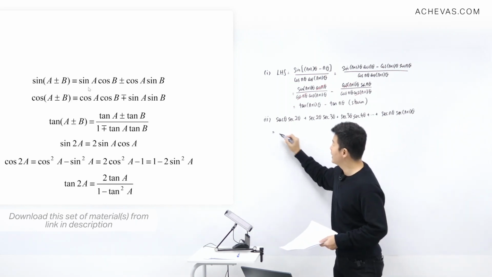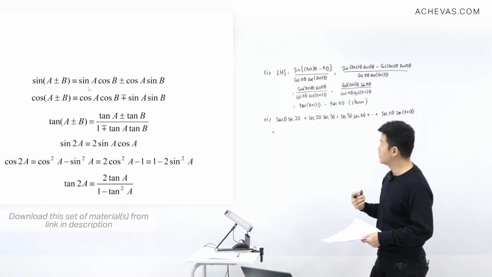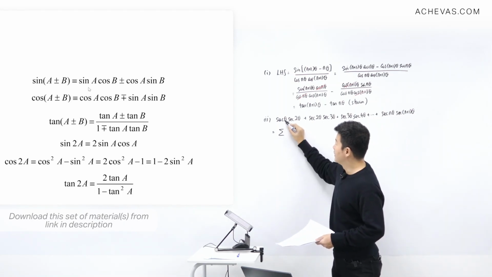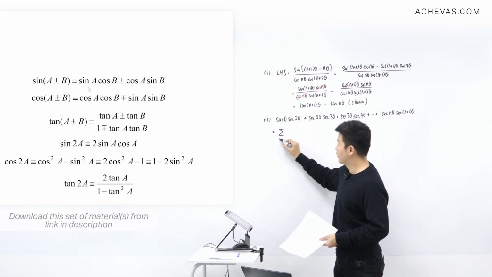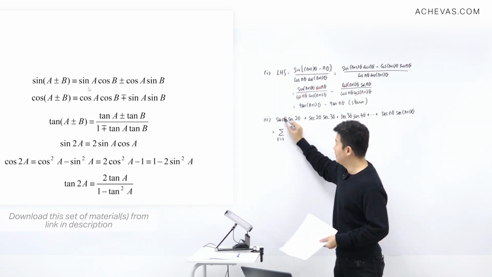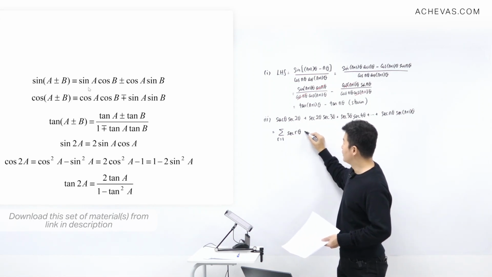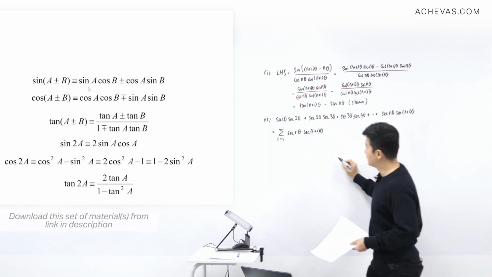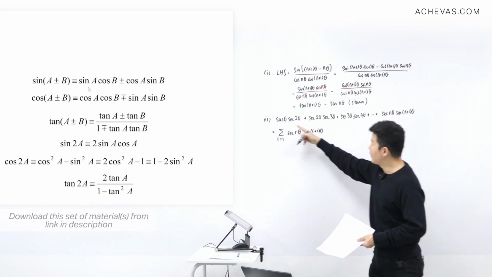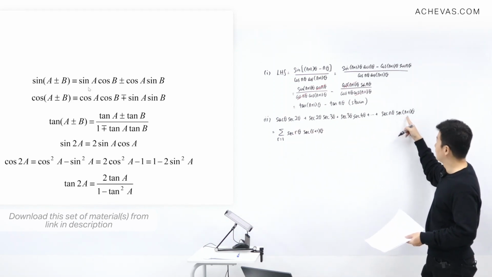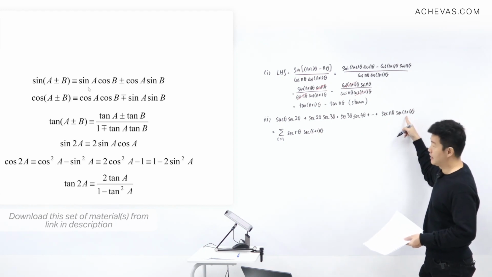So if I re-express this into the sigma notation form, I'm going to let r be equal to 1, and I'll look at this as secant r theta, then secant (r plus 1)theta. If I do this, the very last r will be n, and then r plus 1 will become n plus 1.